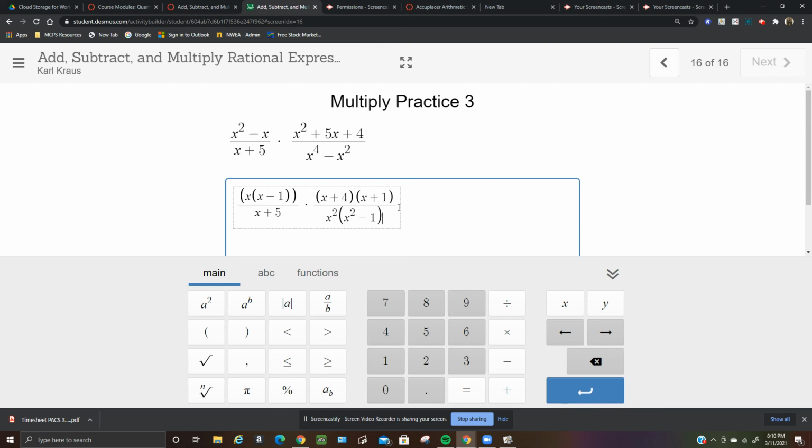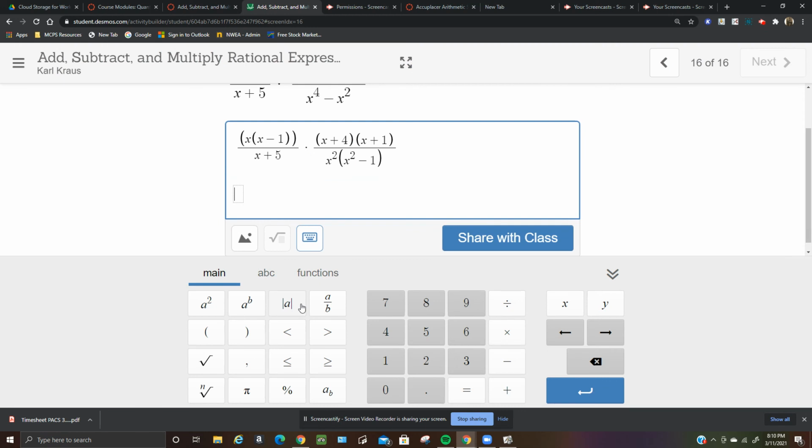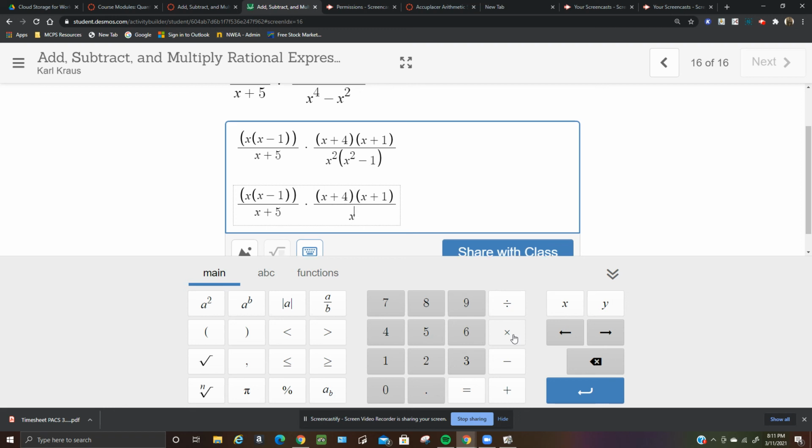And this factors again, so let me write this out. x times x minus 1 divided by x plus 5. And then x squared.